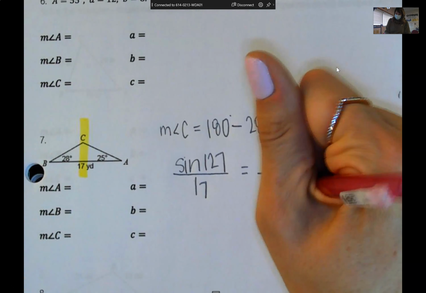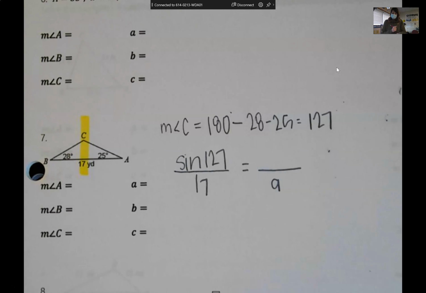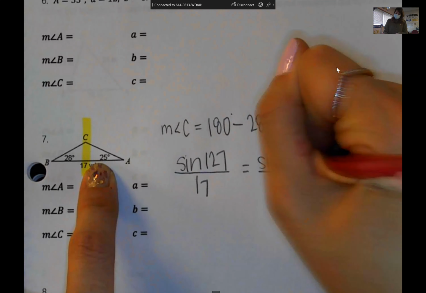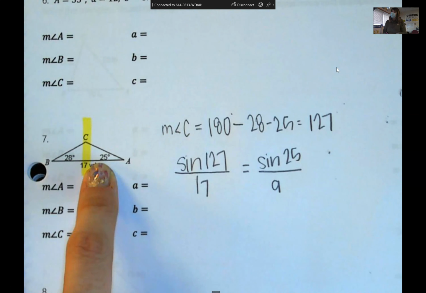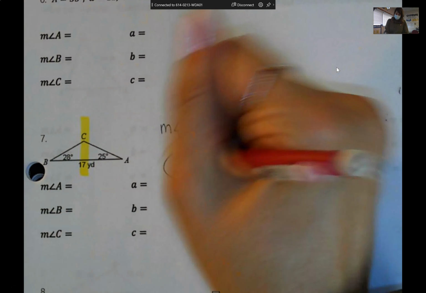I'm going to find side A first. The measure of angle A is sine 25. So we cross these, divide.